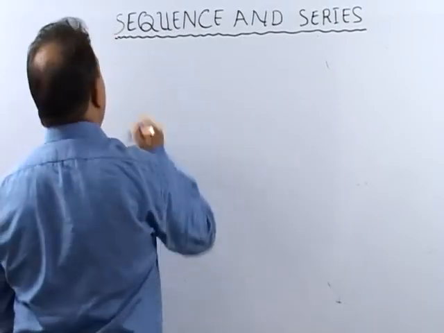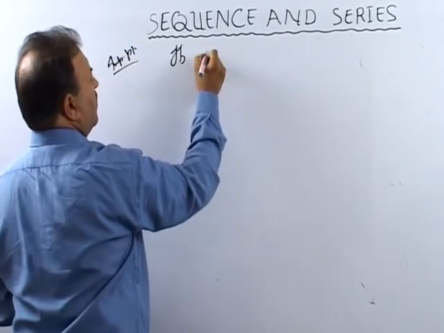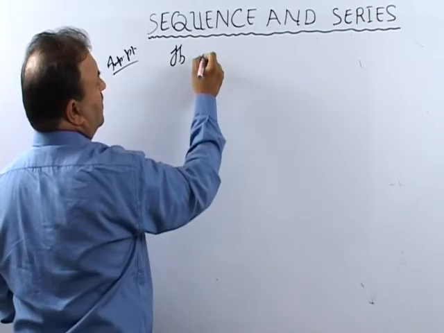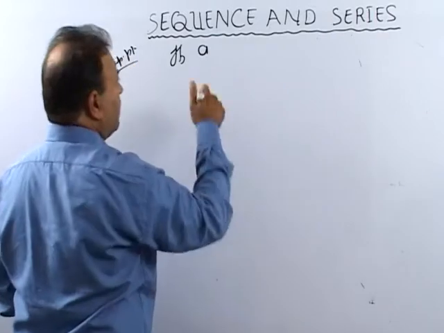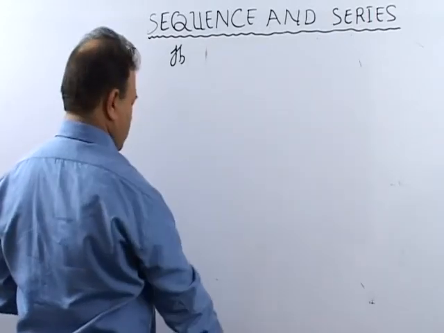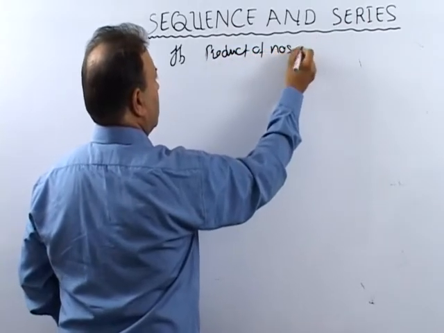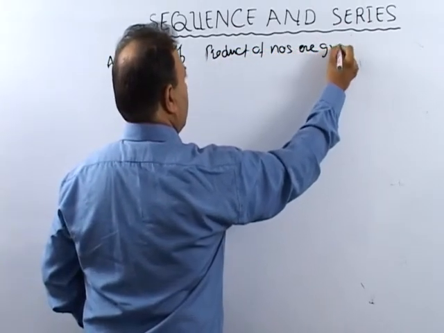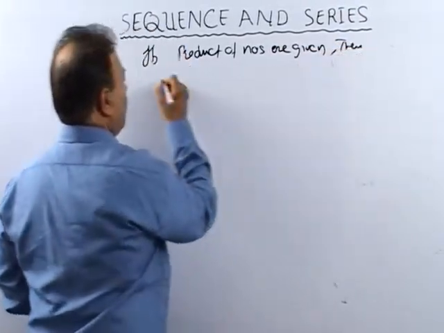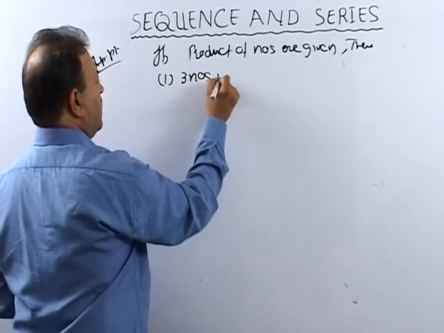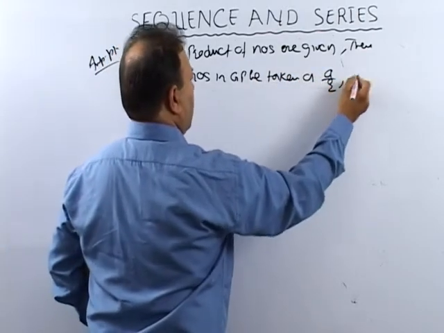Important point: if the product of numbers is given, then first, three numbers in GP are taken as A over R, A, AR.